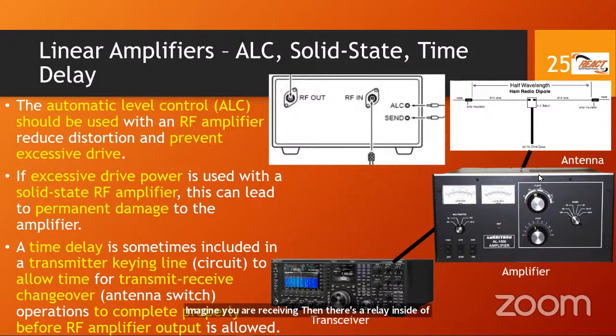You're listening to the antenna signal that's coming in via the amplifier to your radio. But if you key your transmitter, you want to transmit. If this amplifier starts to transmit before it switches from receive to transmit, you can have a problem, right? So there's a little delay, and sometimes you hear it click. You'll hear a little relay clicking.